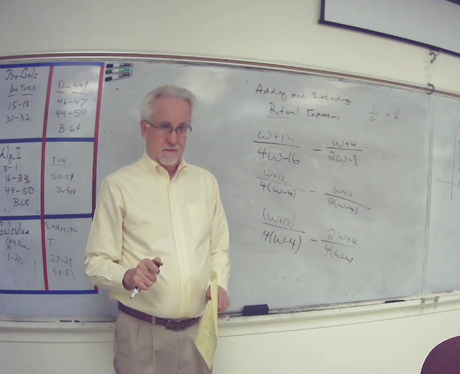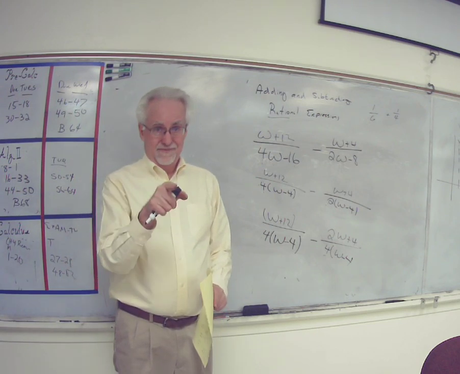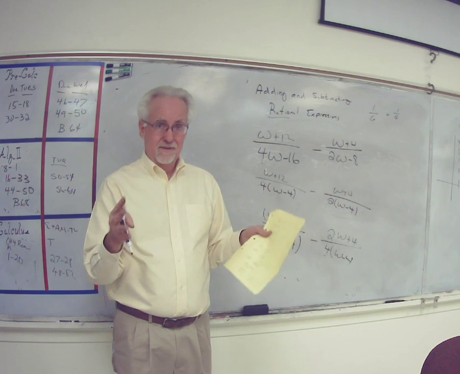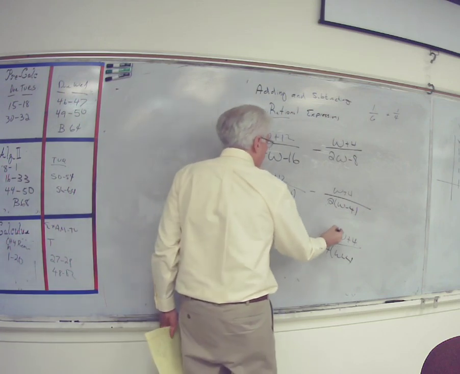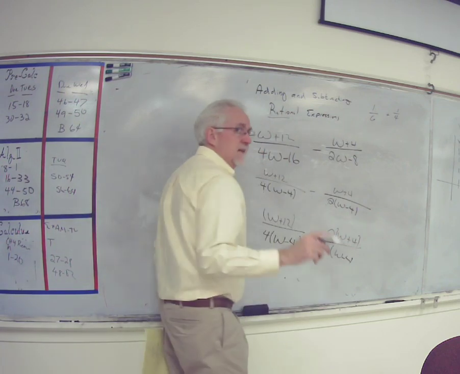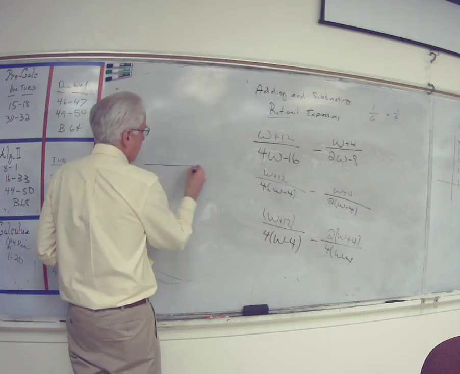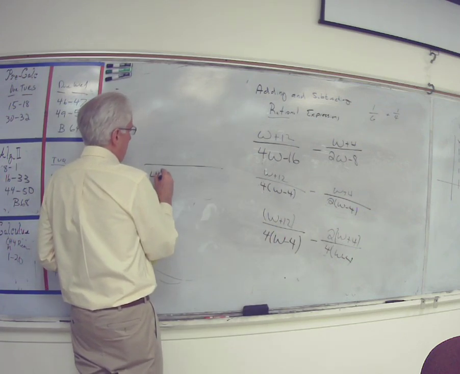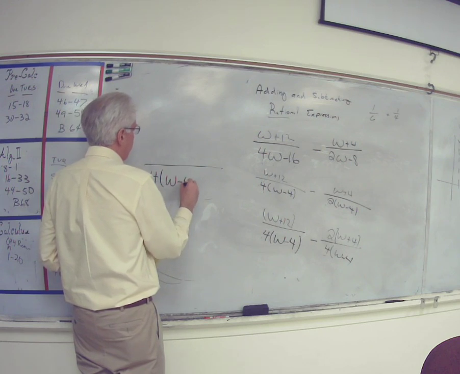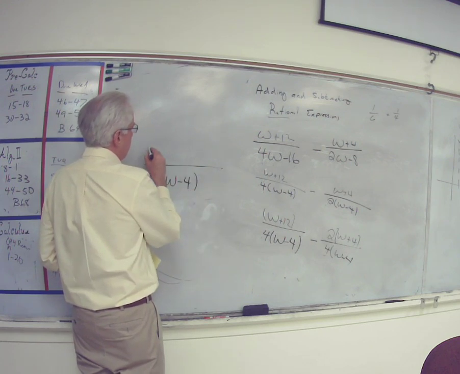Do we multiply the 4 by 2? It was 8. Because I didn't use my parentheses. Right. You got to use your parentheses. Okay? You guys, the secret to this is using parentheses. So the denominator is going to be 4 onto w minus 4. And the numerator is going to be w plus 12.